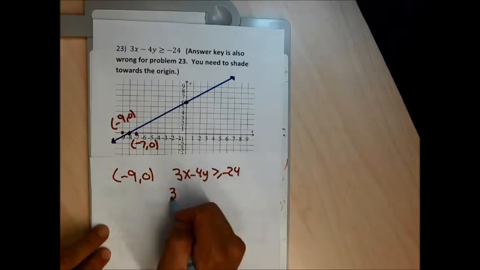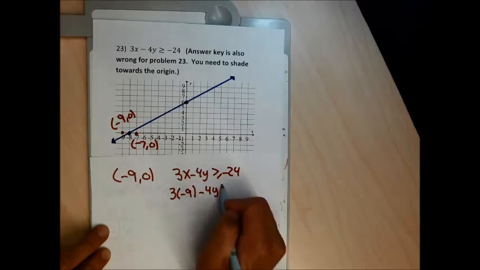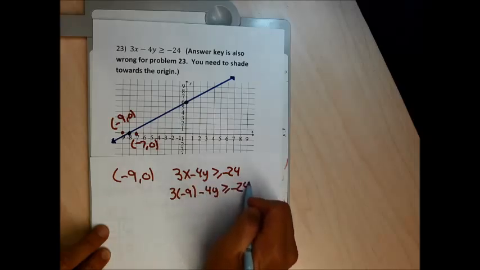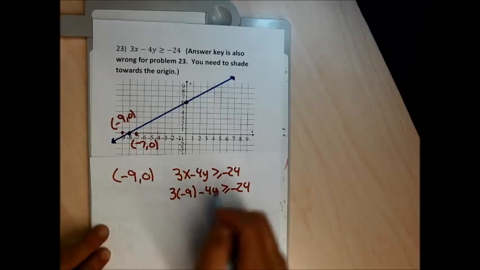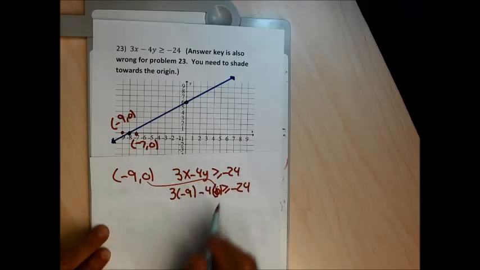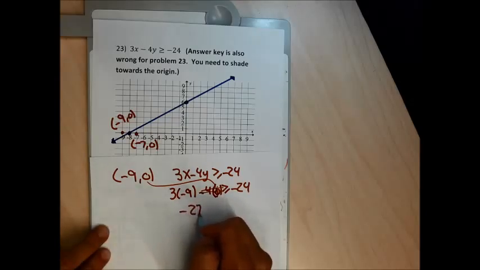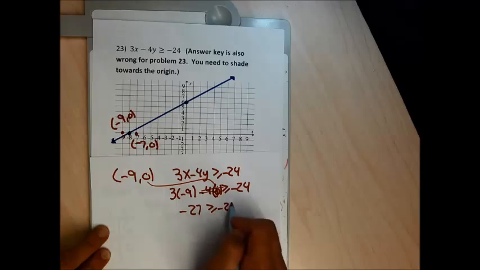So I'm going to go 3 times negative 9 minus 4 times 0, putting that 0 in for y, is greater than or equal to negative 24. This piece is going to go away. This is going to give me negative 27 is greater than or equal to negative 24.